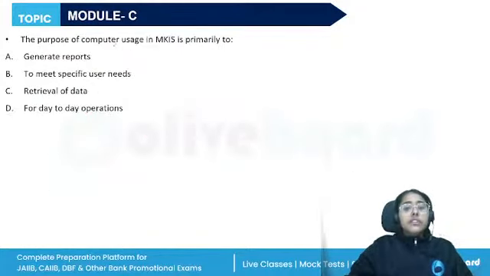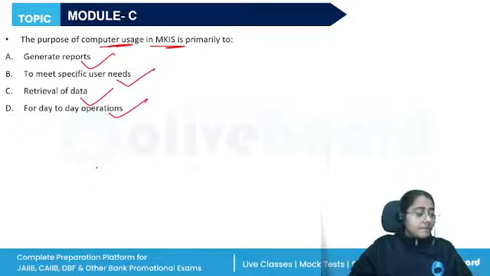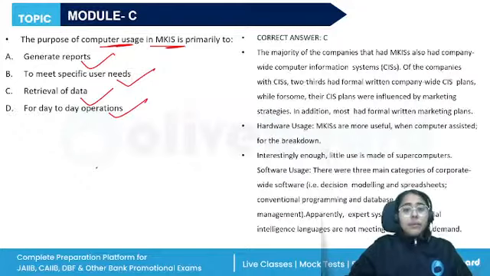Next, the purpose of computer usage in the MKIS is primarily two. In the MKIS, marketing information system, in which area is the computer used primarily, whether to generate reports, to meet specific user needs, retrieval of data, or for day-to-day operations. So in the MKIS, the computer is used for the retrieval of data.